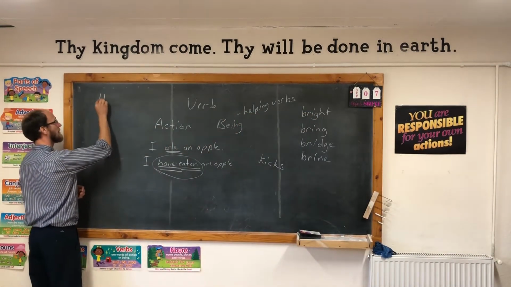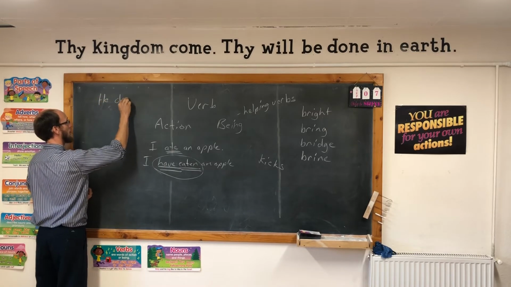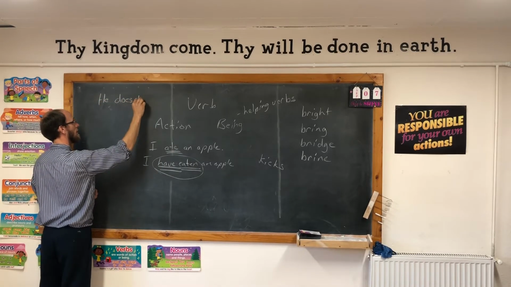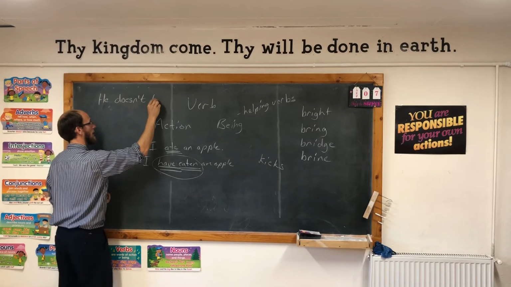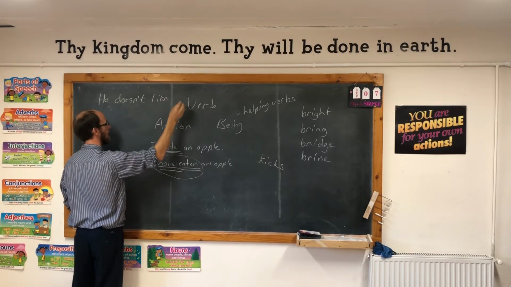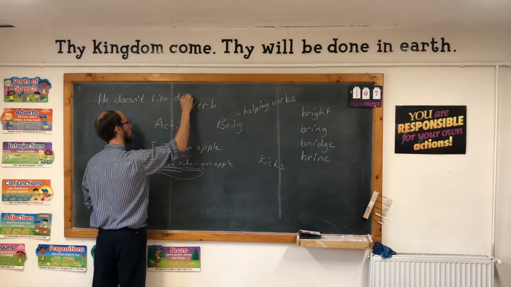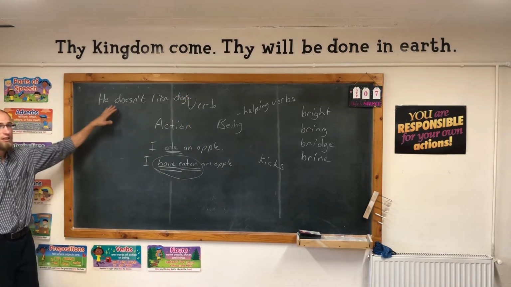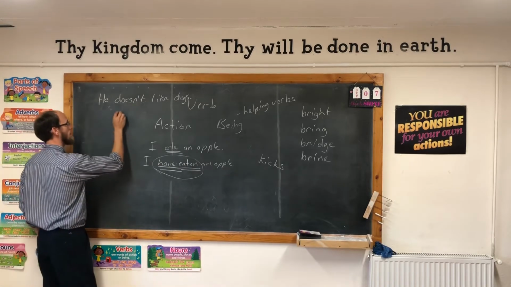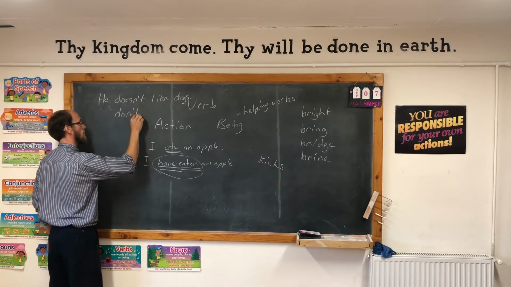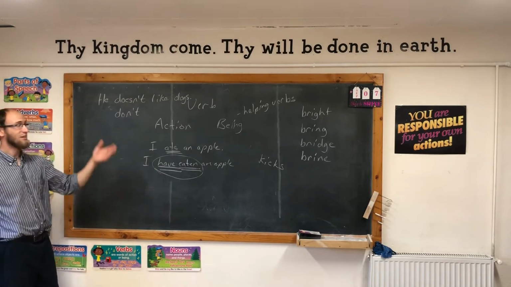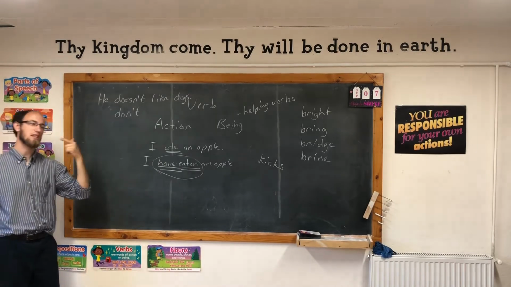Where this can get tricky is for things like contractions. He doesn't like dogs. Is this he doesn't like dogs or he don't like dogs? Which is it? He does or he do? That's what you need to think.